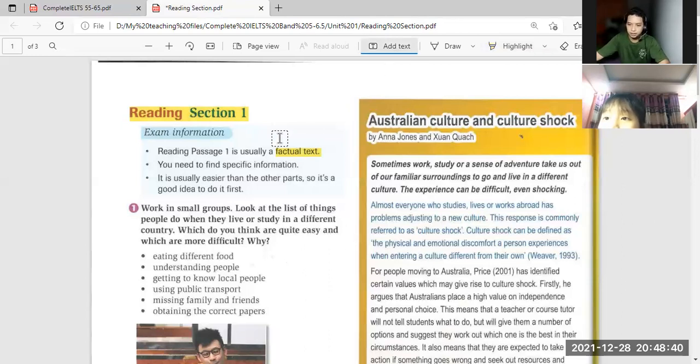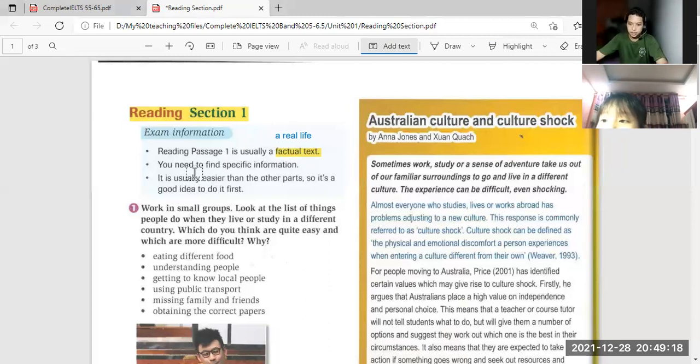Okay, so I will write it in here, a real life text.